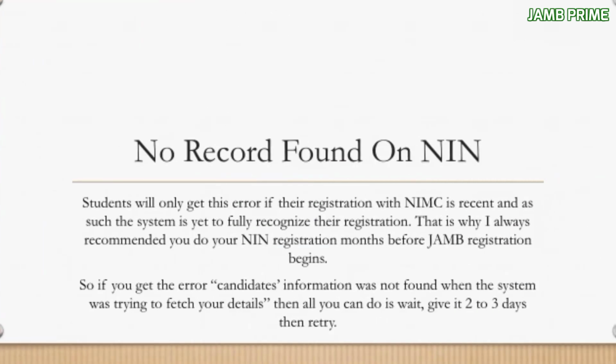Then there are some errors you might face that are just minor. Number one error here is no record found on NIN. If after sending your NIN to 55019 such a message pops out, this is probably because your registration with NIMC is recent and the system does not yet fully recognize your name.